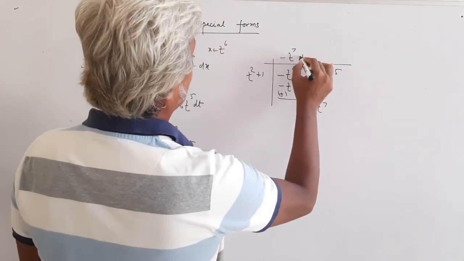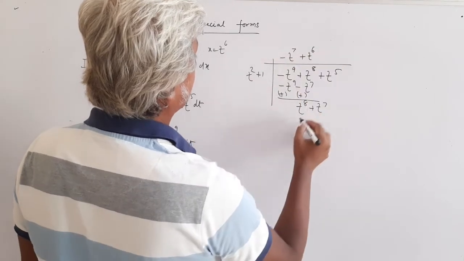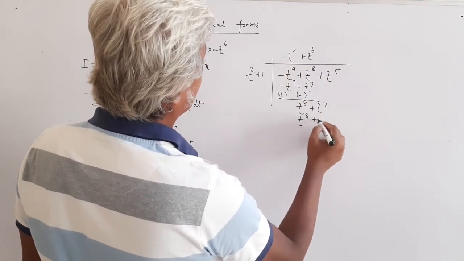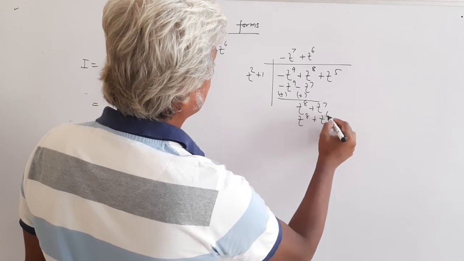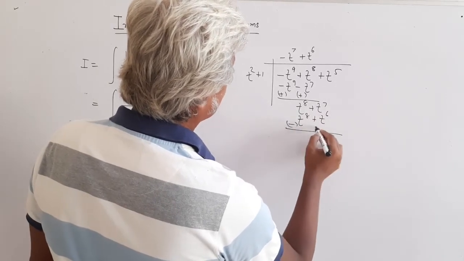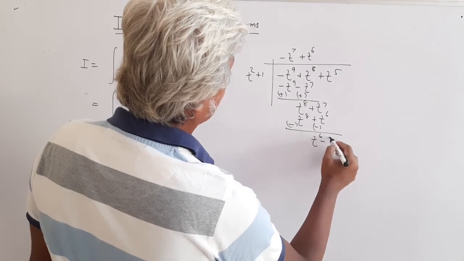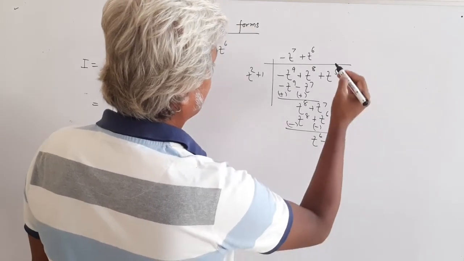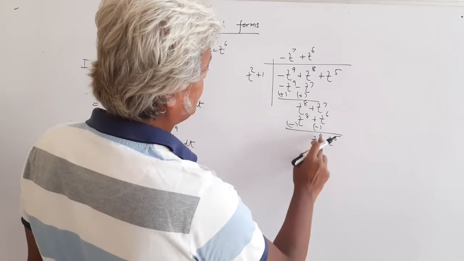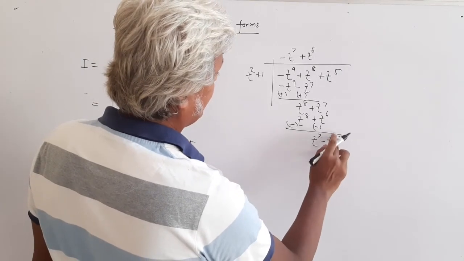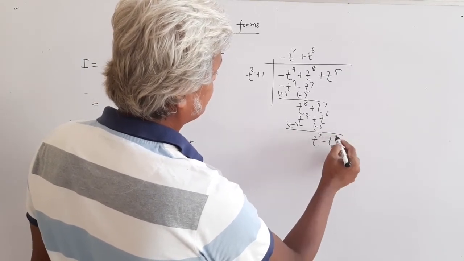Then here I write plus t to the power 6, t to the power 8 plus t to the power 6 minus, then I get t to the power 6 minus t to the power 5, sorry, t to the power 7 minus t to the power 6.